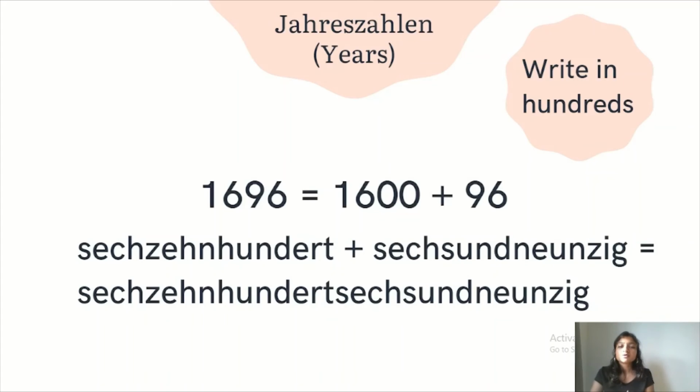Okay? So 1600 is called as zehnhundert. 96 is siebenhundert. So 1696 is sechshundertsechsundneunzig.